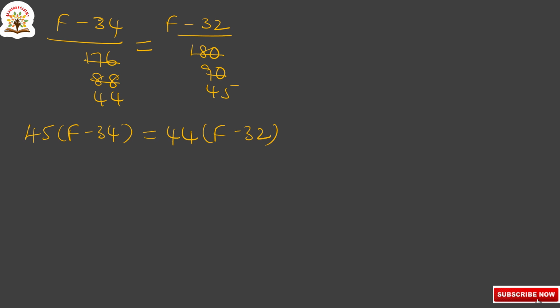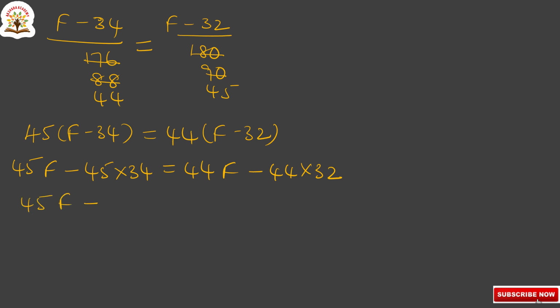So here 45 into F, 45F minus 45 into 34, is equal to 44 into F, 44F, minus 44 into 32. 45F minus 45 into 34 becomes 1530. 44F minus 44 into 32 becomes 1408.